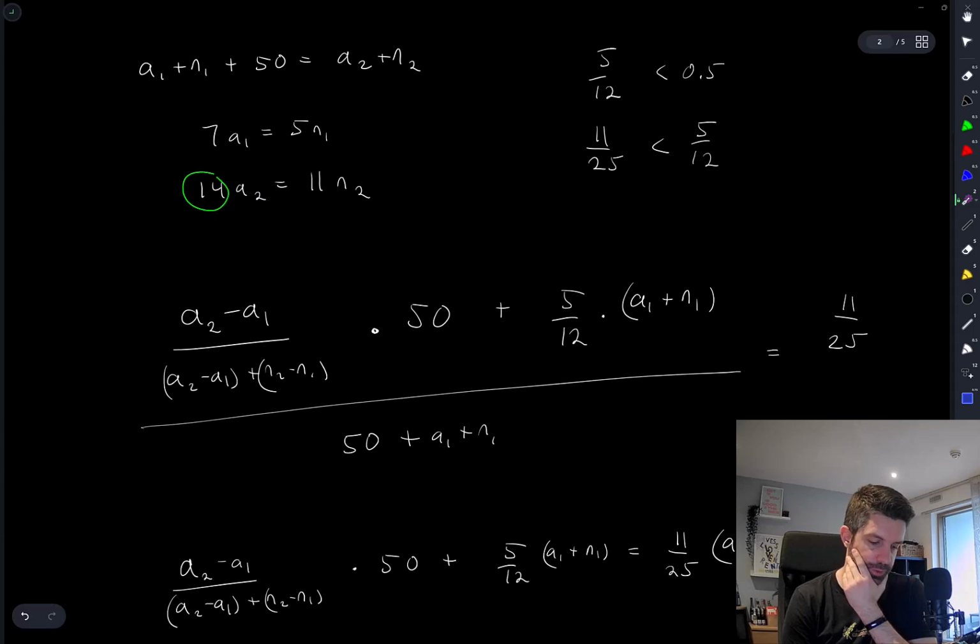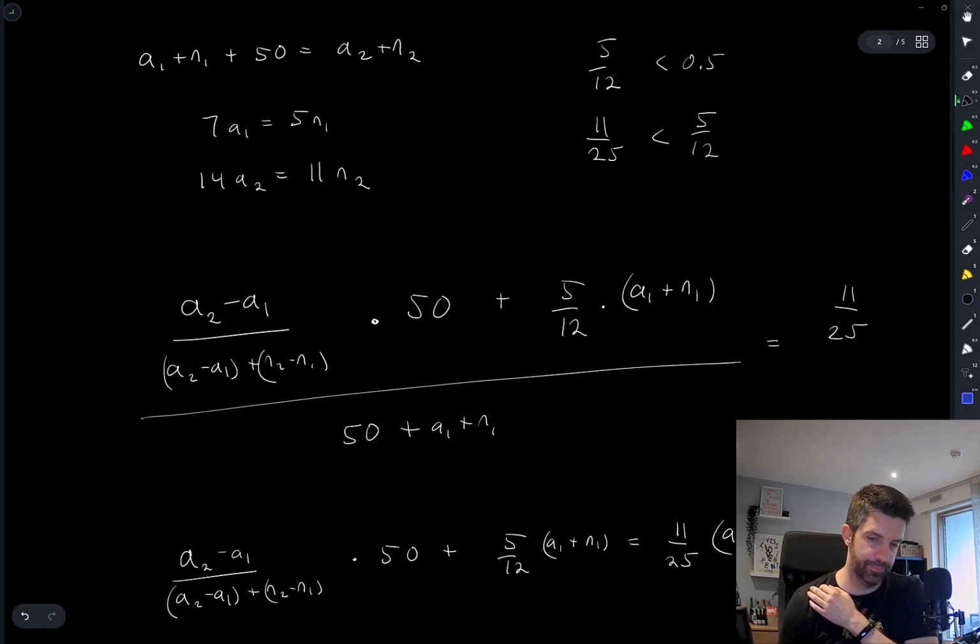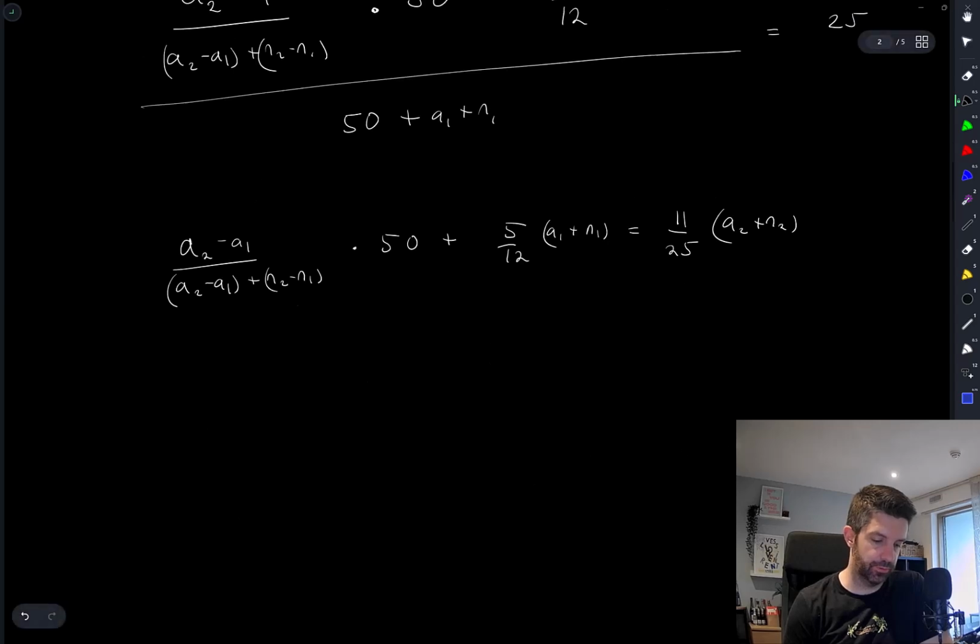Like 14 is 2 times 7, 11 is prime. So A2 is going to have to be at least 11, right? Let's see if A2 equals 11, if I get solutions to this.